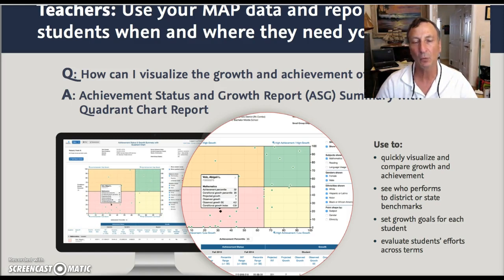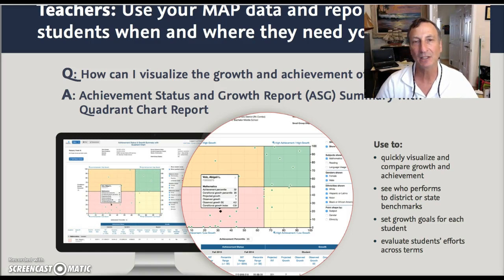So what we have is the 4 quadrants, which the red is low achievement, low growth. The yellow on the bottom right is high achievement, low growth. The upper left is the low achievement, high growth, and then the upper right corner is the high achievement, high growth.